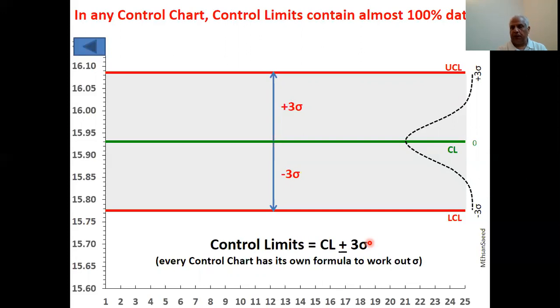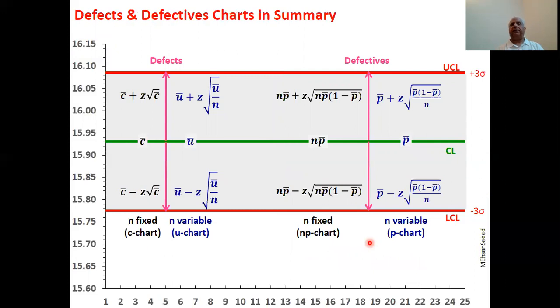Here is a snapshot of what we have discussed. All 4 control charts are displayed, with the limits and other parameters on this slide. These are the control charts for defects, and these are the control charts for defectives.